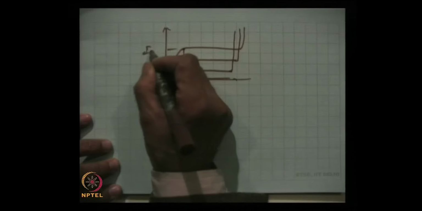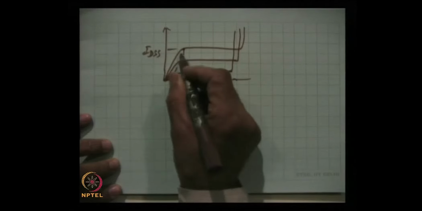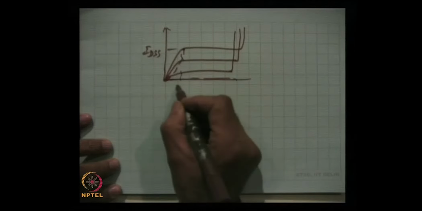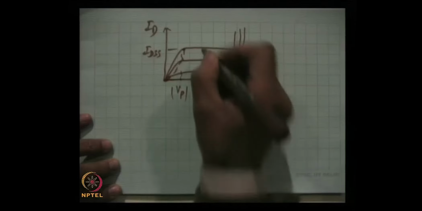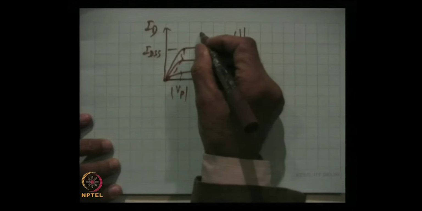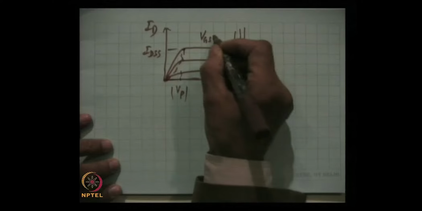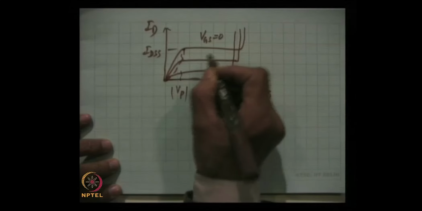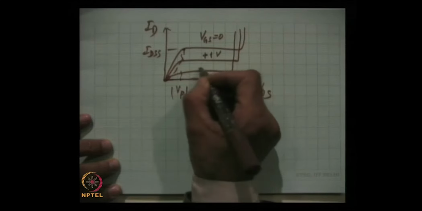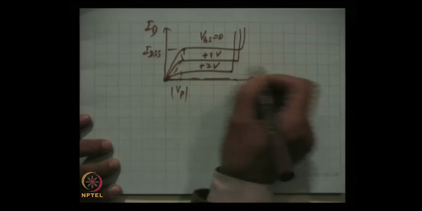This is IDSS, this is VP, this is VDS, and this is ID, and this is VGS, gate source voltage 0. Now, here is the difference, plus 1 volt, plus 2 volt, and so on.